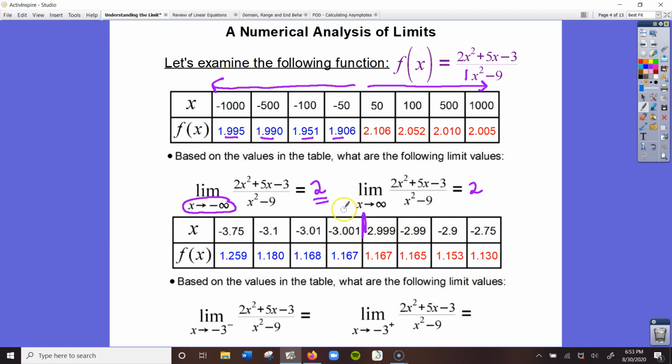So if we're coming from the left side, which is obviously the left side of the chart, and going towards -3, you notice that these values here are getting closer and closer to 1.167. And I'm saying 1.167 because if I'm coming from the right as well, I get the exact same value. That means that at -3, it's not going to change to some other value. It's going to be 1.167 from both sides.